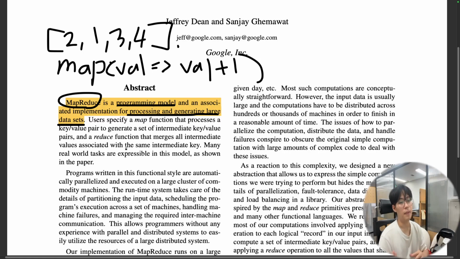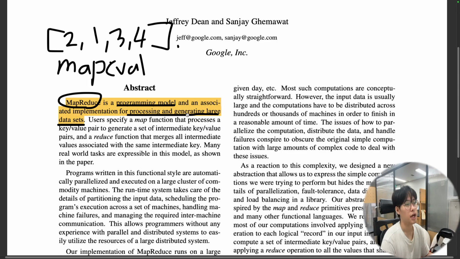So basically map is a function that transforms the original data into new data. The reason it says key value pairs is that it's a way to describe a data set. Let's think about metadata. For example, say this 2 is the metadata of some thing.